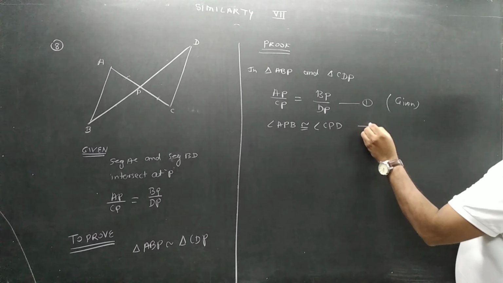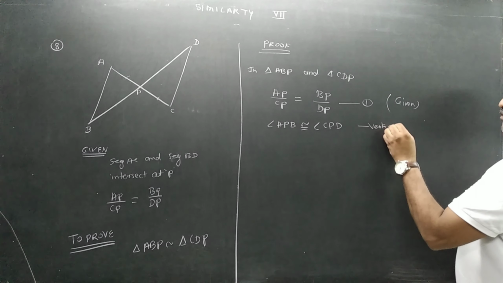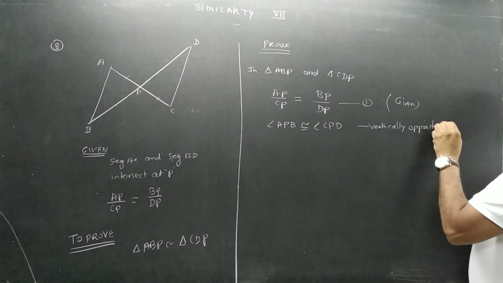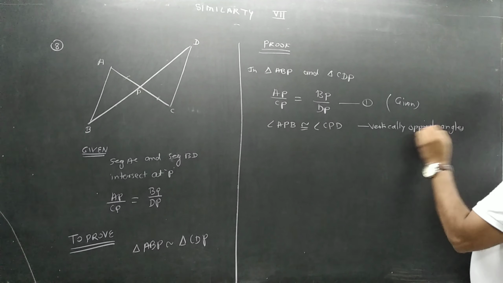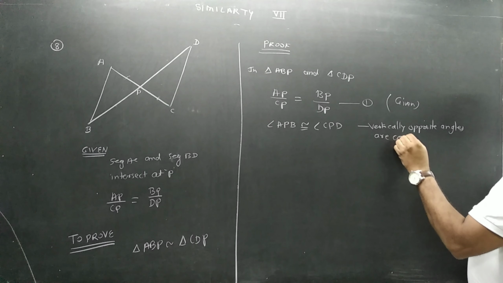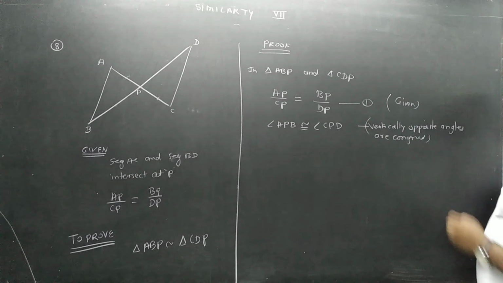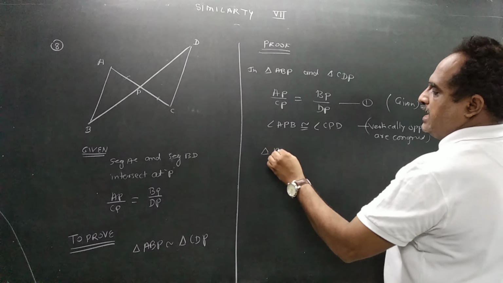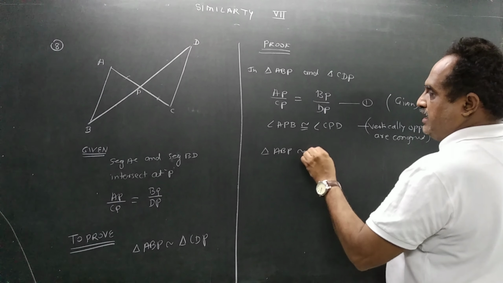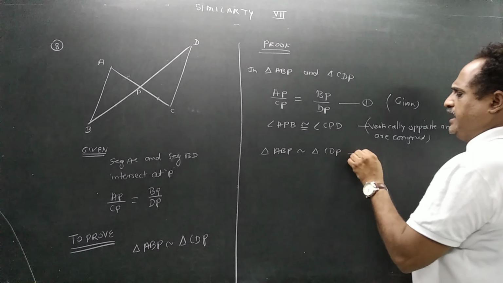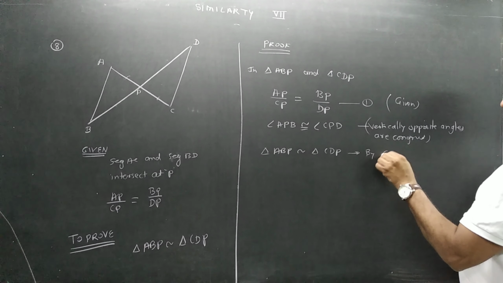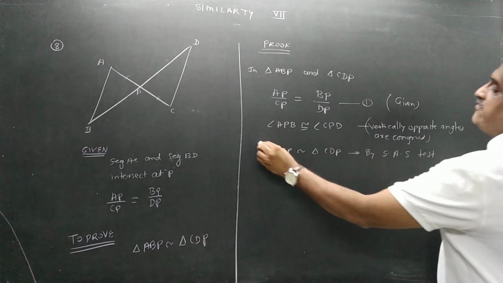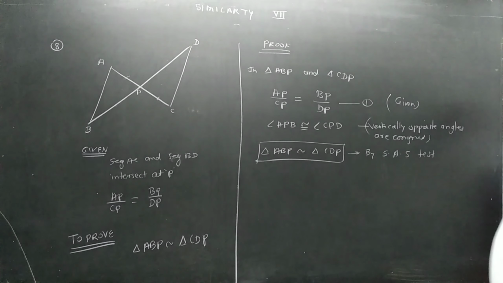The reason is again same, vertically opposite angles are congruent. Bas, that is more than enough, and you are going to write triangle ABP is similar to triangle CDP by SAS test. I think this is a very simple question.